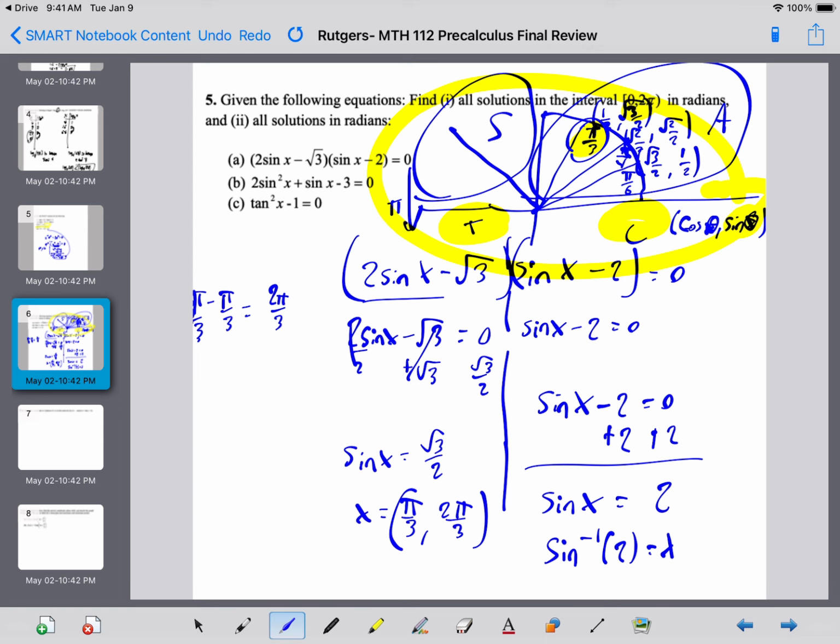It's not within the domain. And if we think about that, actually, it makes sense, because the basic trig function oscillates between 1 and negative 1. So it would never reach 2. So sine of x cannot equal 2. So these are your only two solutions between 0 to 2 pi.